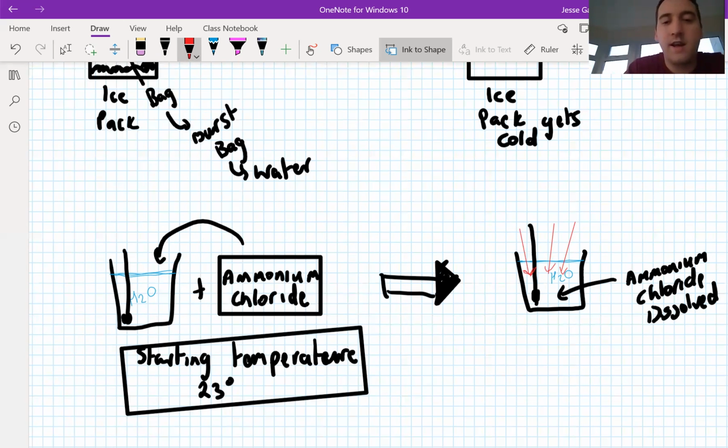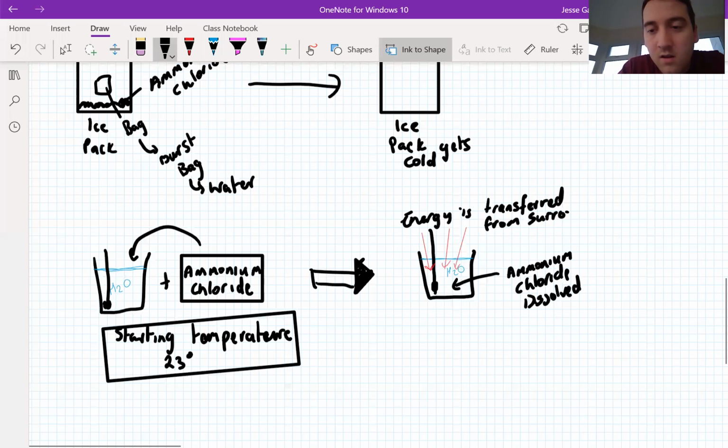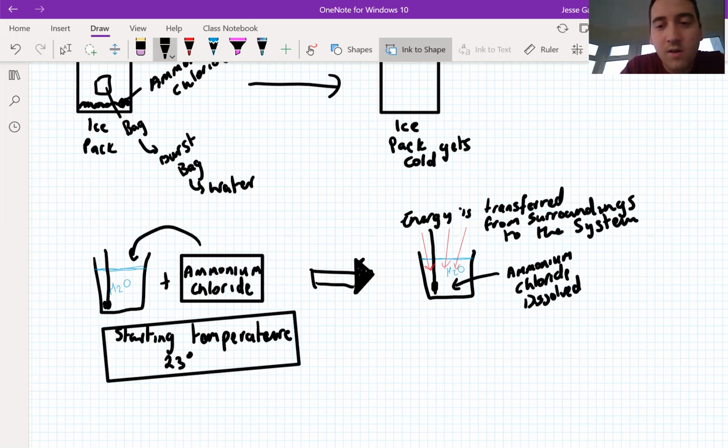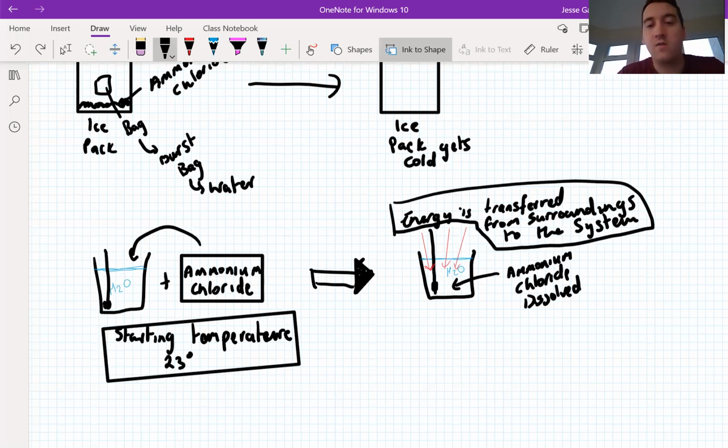So we say that energy is transferred from the surroundings to the system, and this causes the temperature to go down.